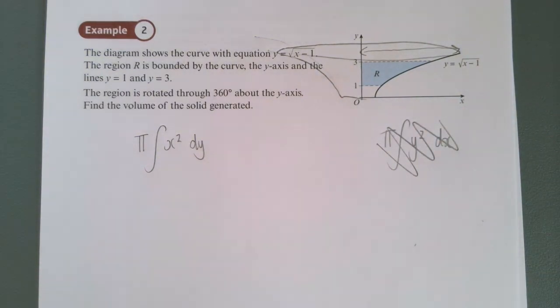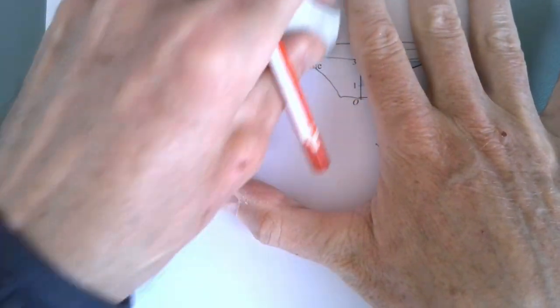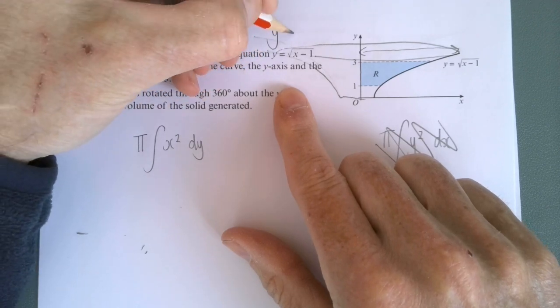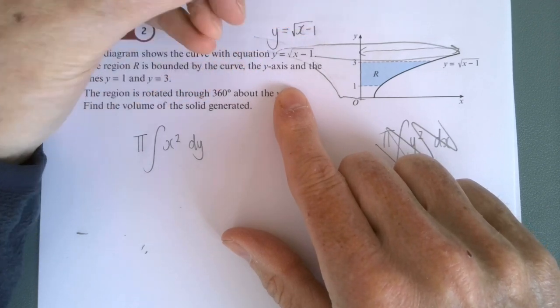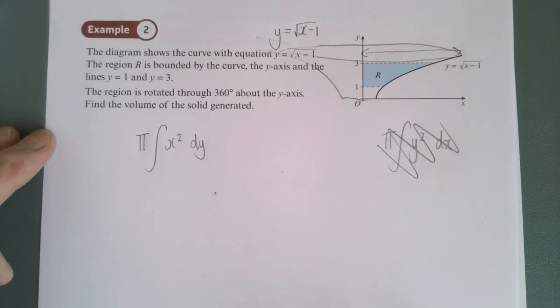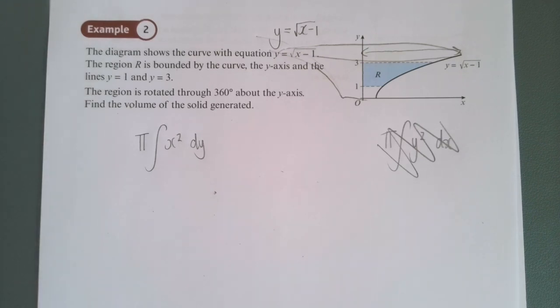So there's just a little bit of rearrangement involved here. So my dreadful scribbling, I've covered up the function. So the original function is y equals the square root of x minus 1. So I need to rearrange that so it says x squared equals.